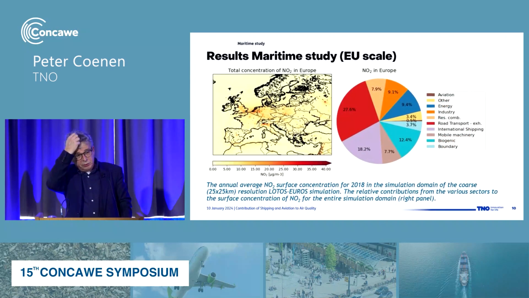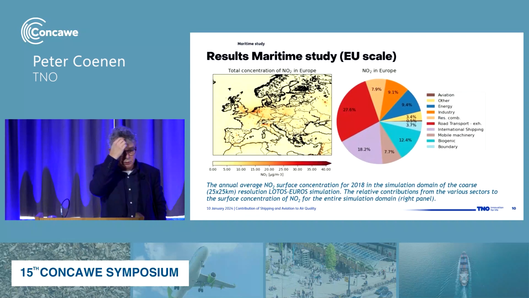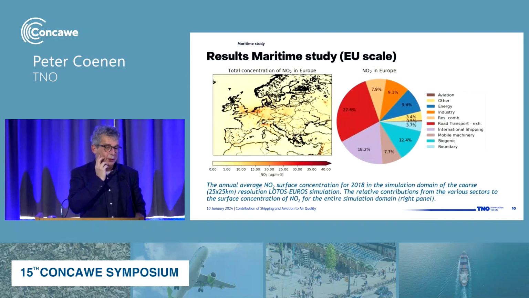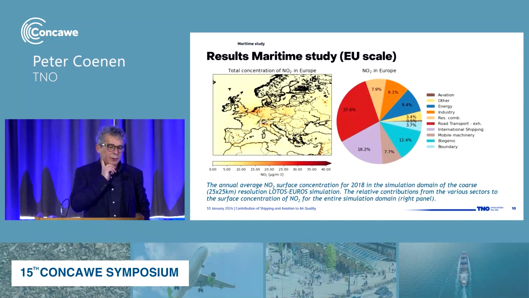And I will show you the results from the maritime study. In the left panel, you see the total concentration of NO2 in Europe, following all sectors. And in the pie chart at the right, you see the contribution of the different source sectors to this average concentration.